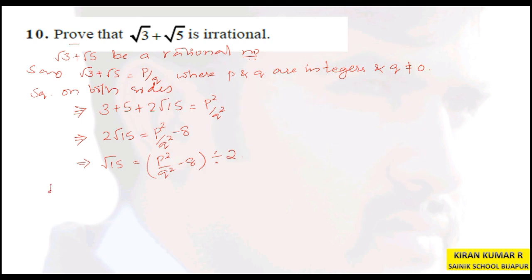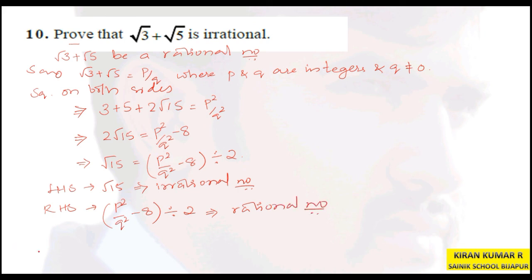Look at the left hand side. Left hand side is root 15 and it is an irrational number. Look at the right hand side. Right hand side is p square by q square, which is rational, minus 8, again rational, and this divided by 2, which is also rational.